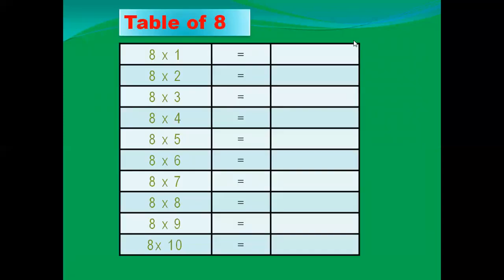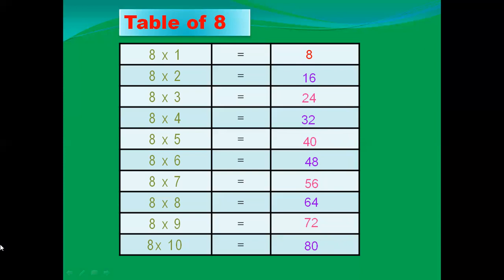Now this is the table of 8 and this is the revision. 8 ones are 8, 8 twos are 16, 8 threes are 24, 8 fours are 32, 8 fives are 40, 8 sixes are 48, 8 sevens are 56, 8 eights are 64, 8 nines are 72, 8 tens are 80.